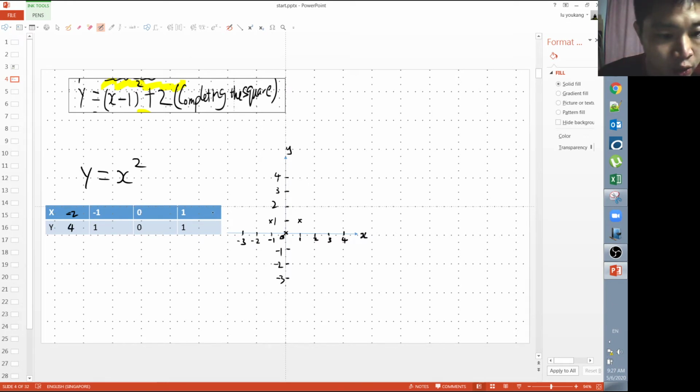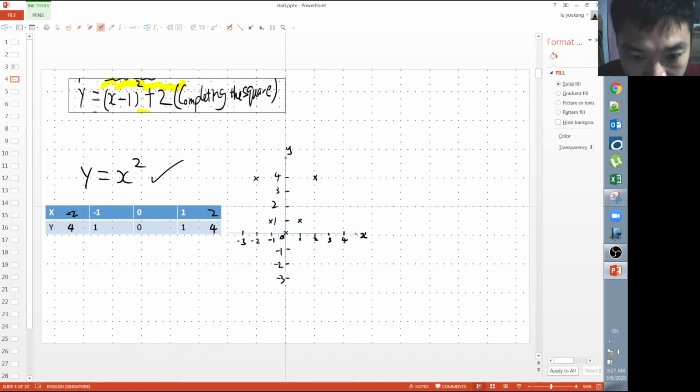For the positive side, when x is equal to 2, 2 to the power of 2 is 4, so y is equal to 4 as well. So I have another 2 points: -2, 4 and 2, 4. Now you can see that I can start to sketch this equation.